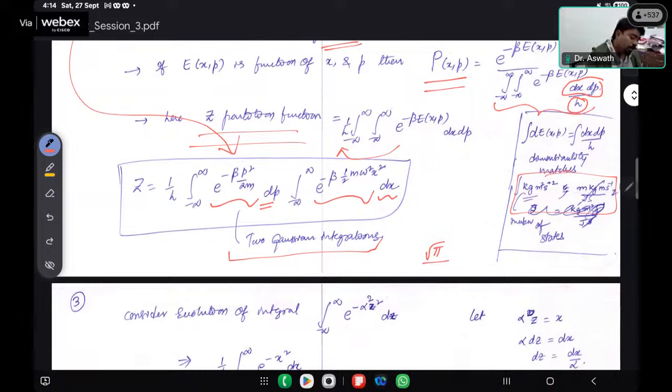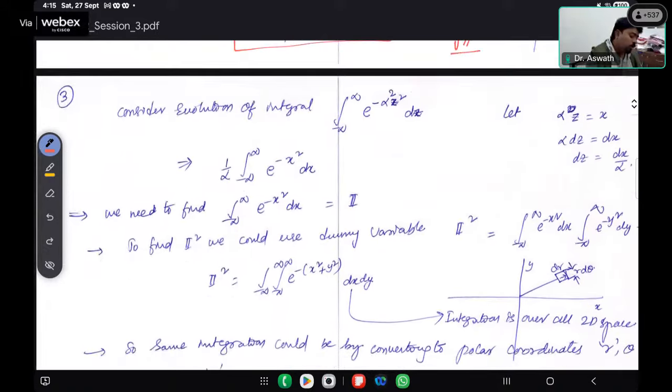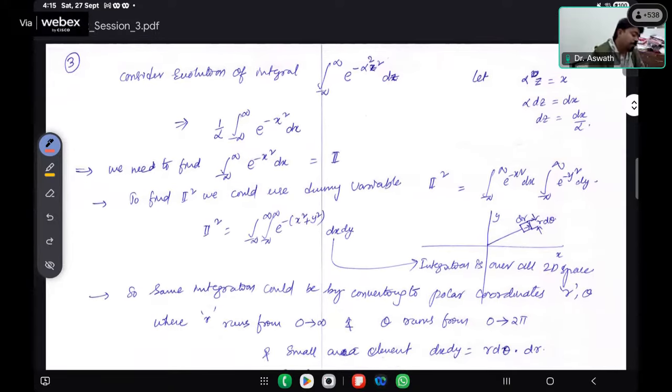Accordingly it will come. For the sake of your knowledge, I will even show you how to find the Gaussian integral. Let's say I have a Gaussian integrand like this: integration from minus infinity to infinity of exponential of minus alpha square z square dz. This is a Gaussian integral for you.